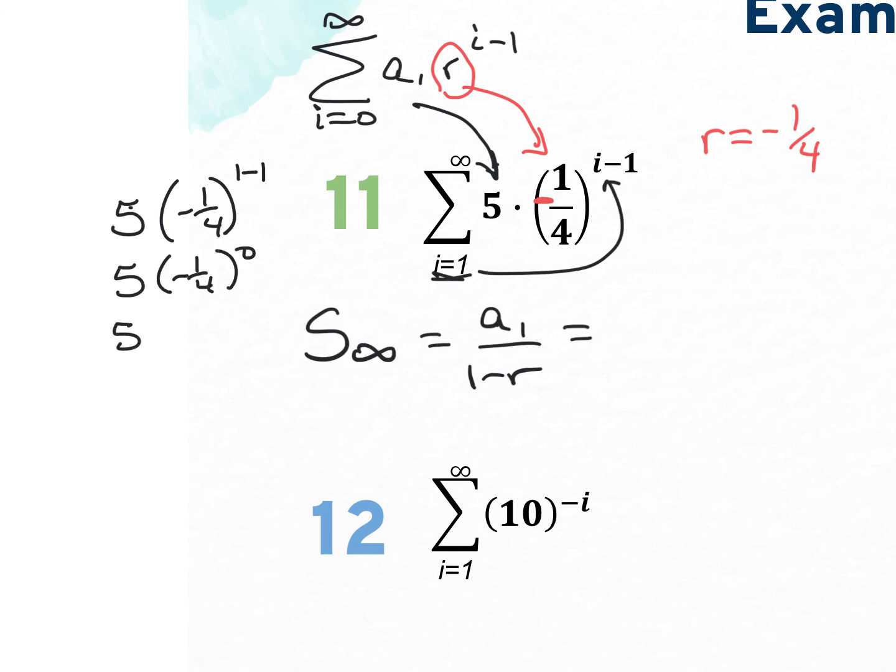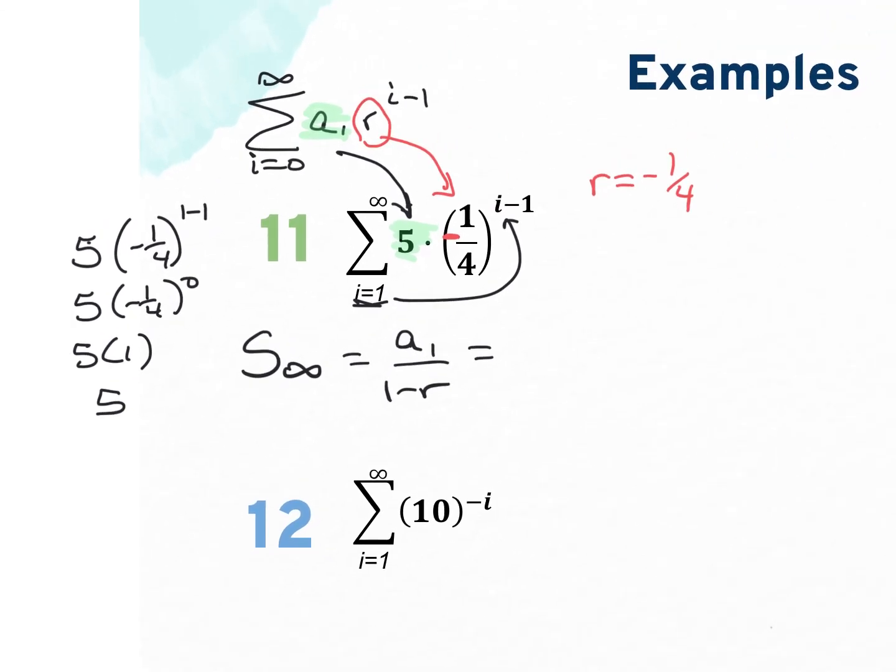Anything to the 0 power is 1. And you can see how the first term is 5. So if this summation, this sigma, has all the correct setup, you don't need to do this because your first term is sitting right here in front of the r. But if it's not, then you actually have to do it, which we're going to have to do on the next one. We're going to have to manipulate the next one.